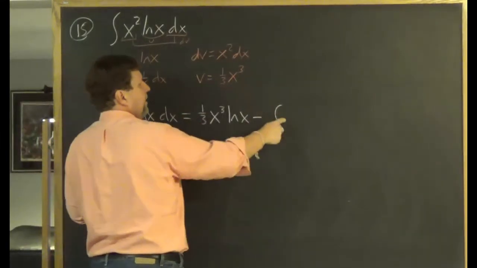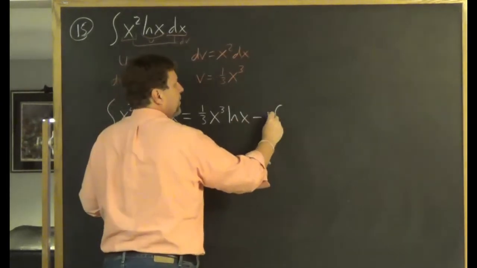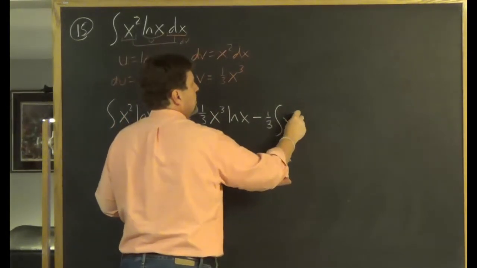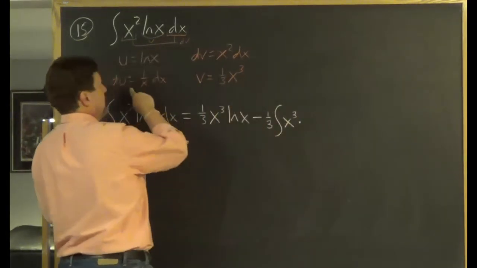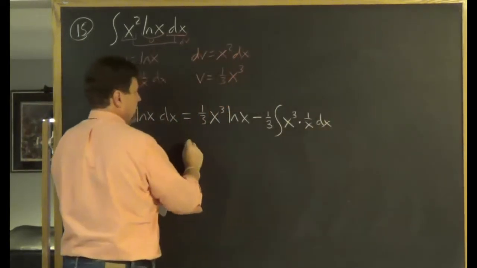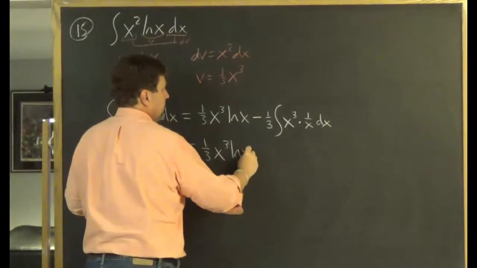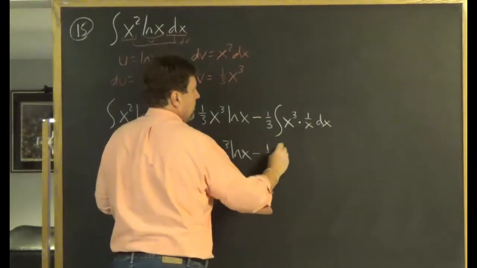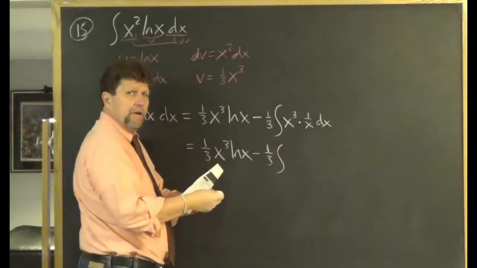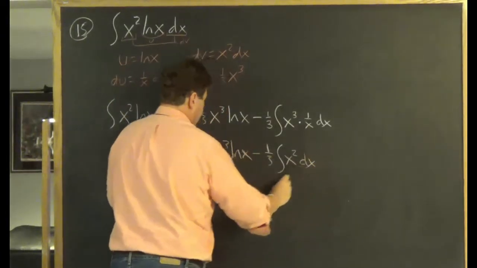Notice when I put v in here, 1/3 x cubed, I would immediately rip the 1/3 out front. So there's the rest of v times du, and du is 1 over x dx. Just one little minor step of cleanup: x cubed times 1 over x simplifies to x squared.